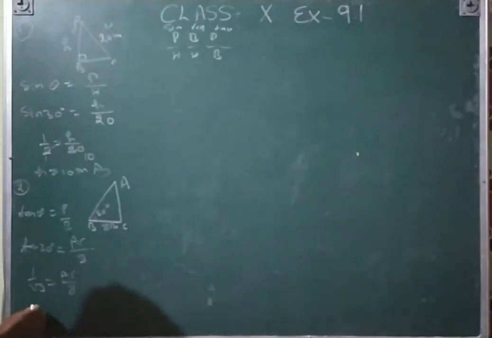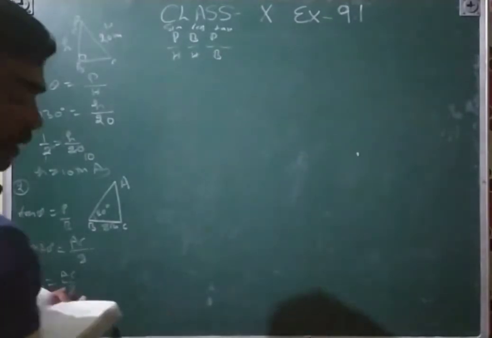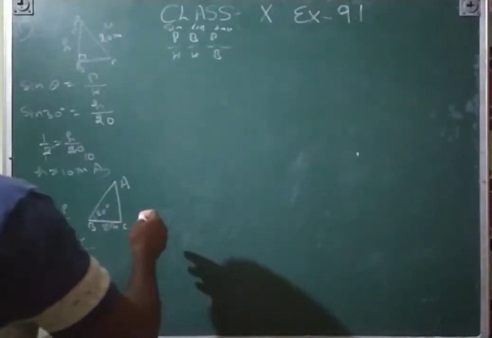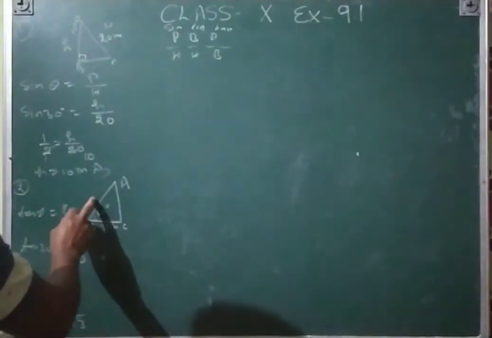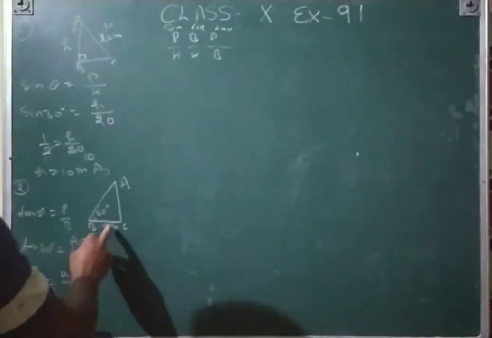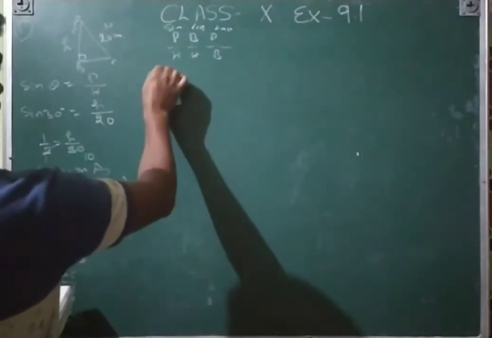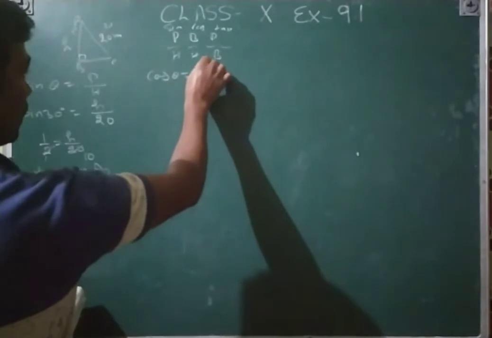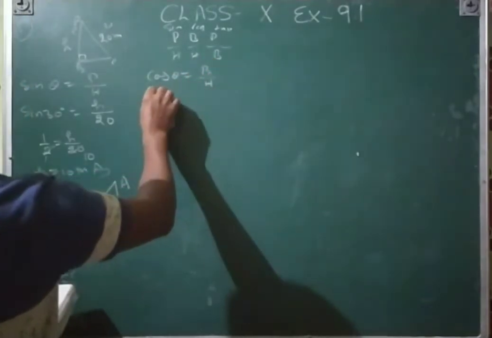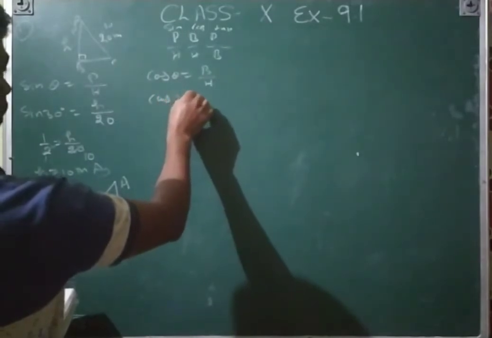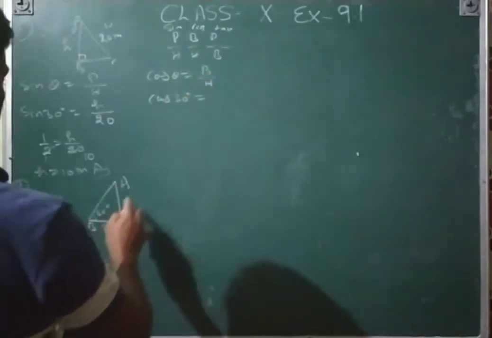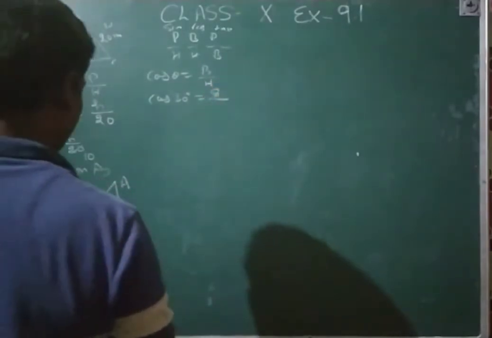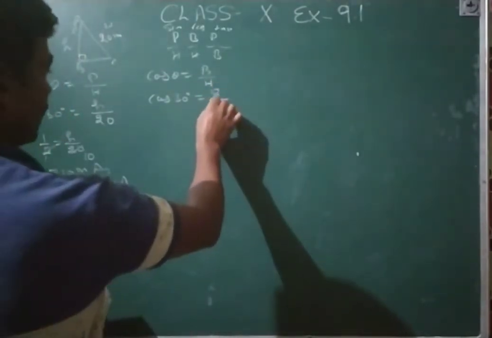Then we cross multiply, so AC is equal to 8 upon root 3. We found AC here, and then we will find this one. This is cos, because base and hypotenuse are involved. So cos theta is equal to B upon H. So cos 30 degrees is equal to base, that is 8, and hypotenuse, which we need to find, AB.